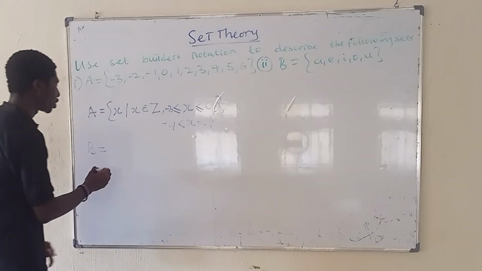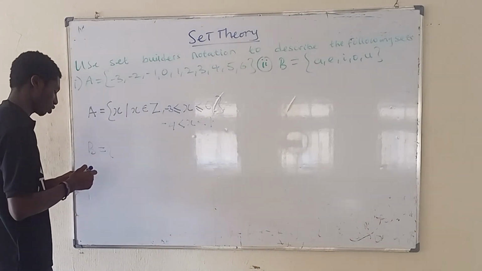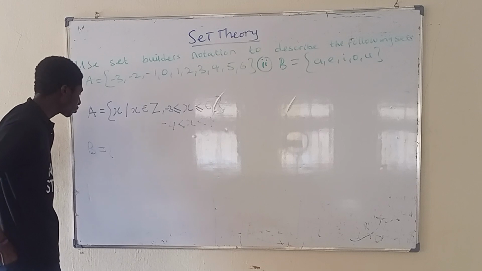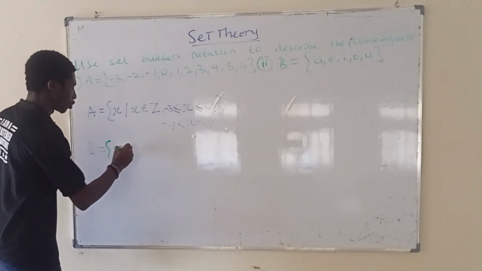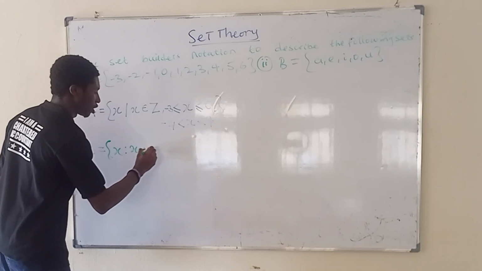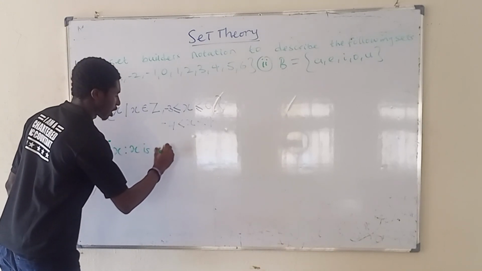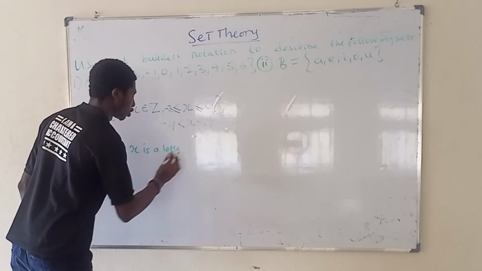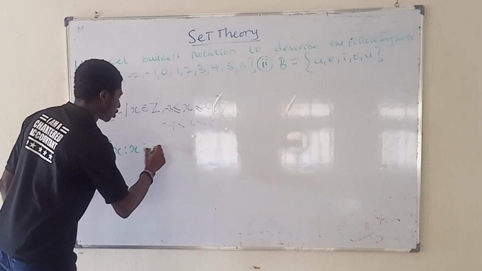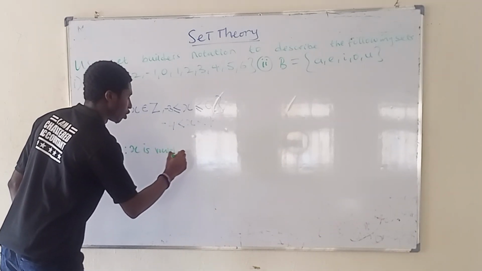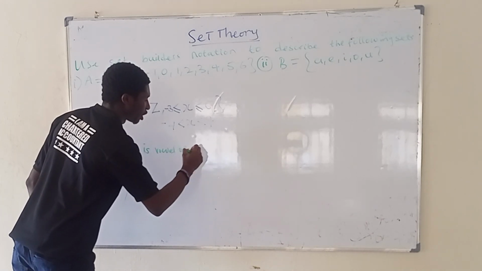So therefore, I can say B is a set of all x such that x is a vowel letter. It's a vowel of the English alphabet.